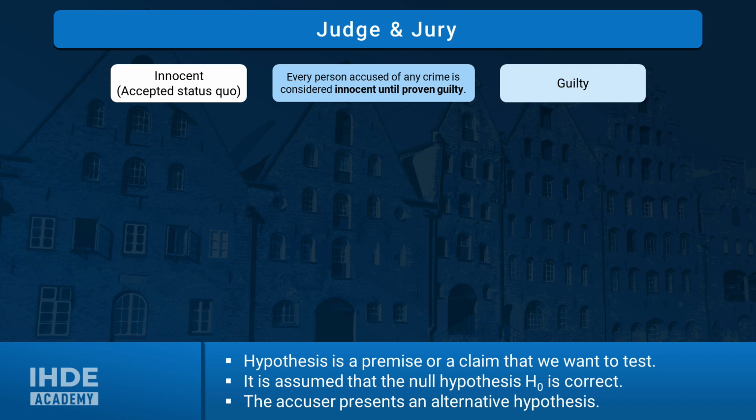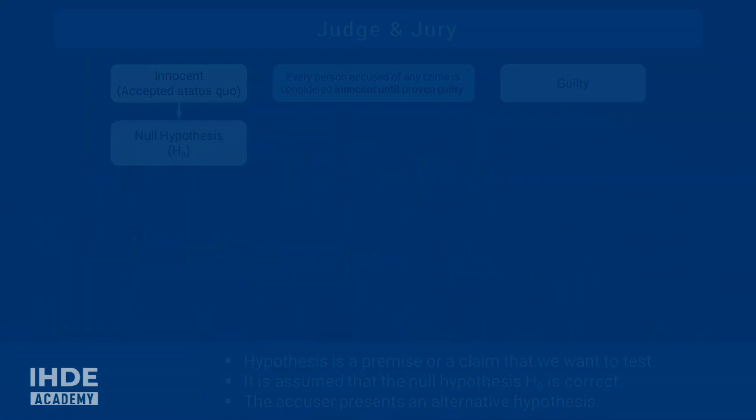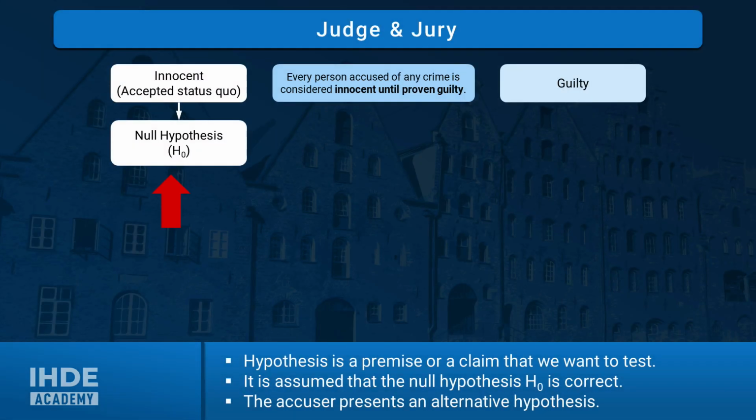Let's look at all of this in a little more detail. Again, based on the principle that everyone is innocent until proven guilty, we have the presumption of innocence on the left and the claim of guilt on the right. As already explained, the presumption of innocence, as the status quo, is the null hypothesis.